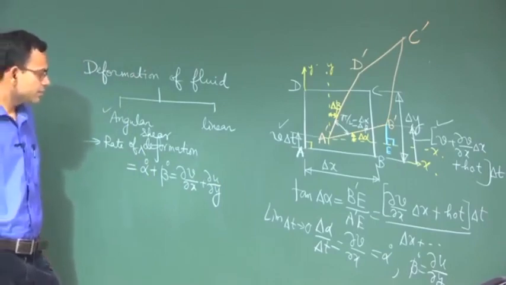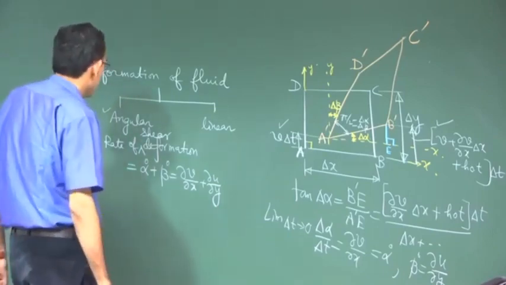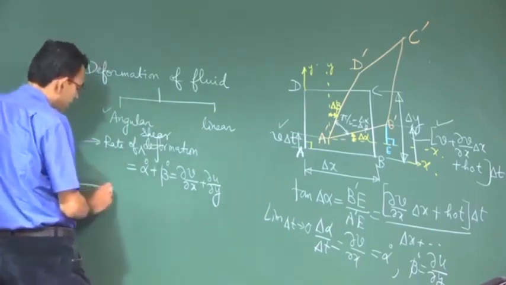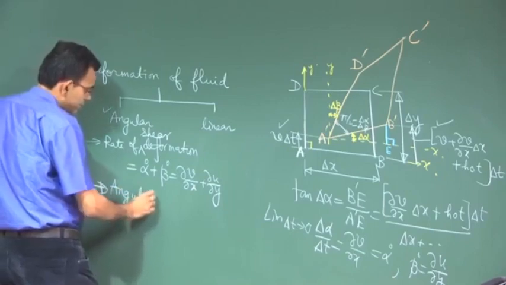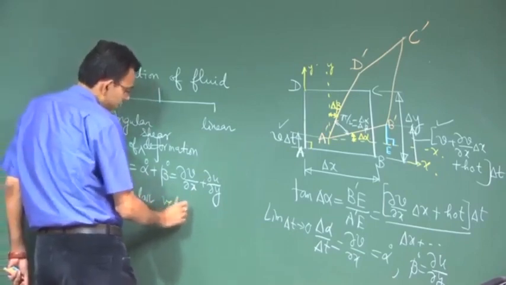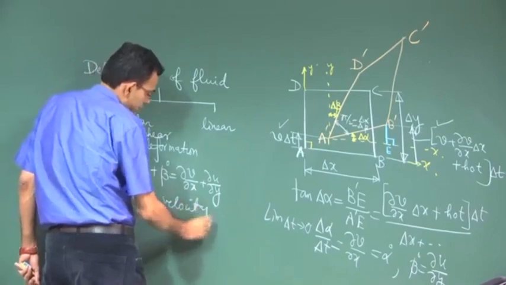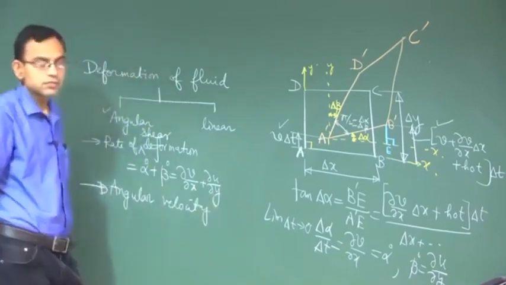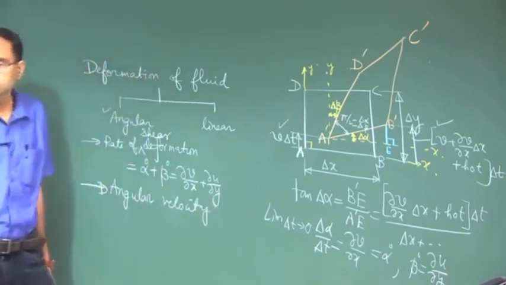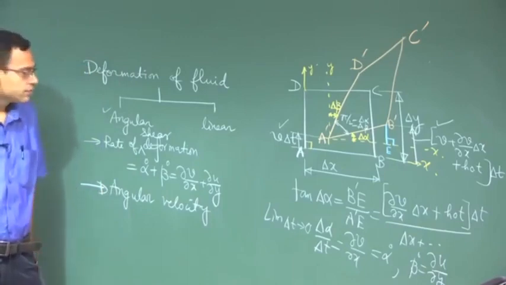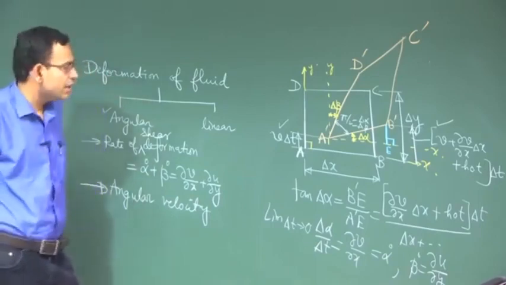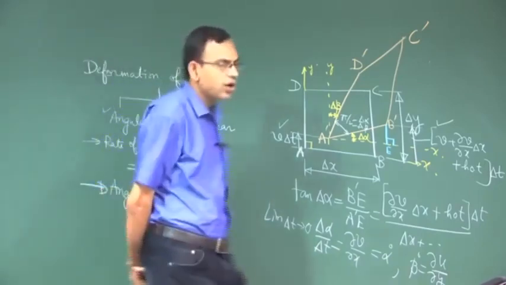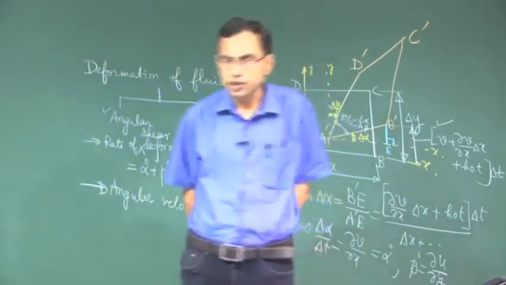And then we also have a definition of angular velocity. So how do we define angular velocity? Again, fluid is not normally rotating like a rigid body.